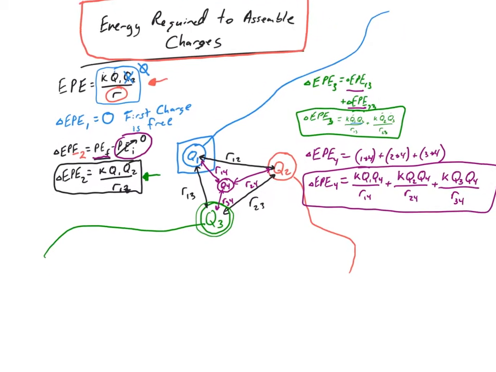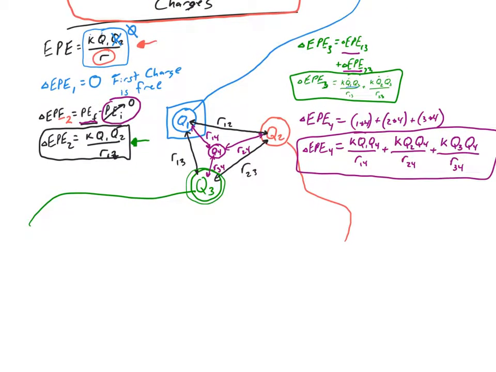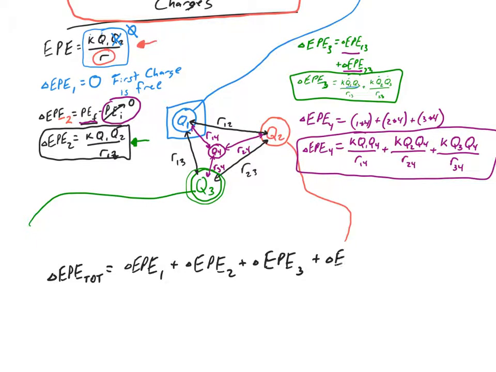To assemble all of these charges, the change in electric potential energy total will be the change in electric potential energy for the first charge plus the change in electric potential energy for the second charge plus the change in electric potential energy for the third charge plus the change in electric potential energy for the fourth charge.